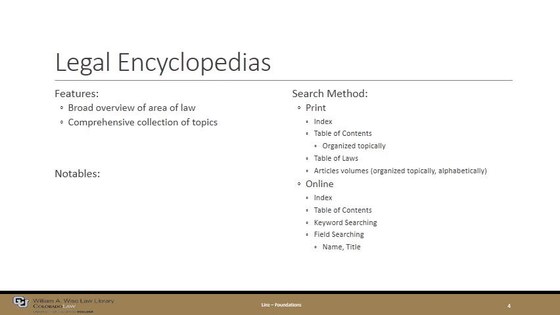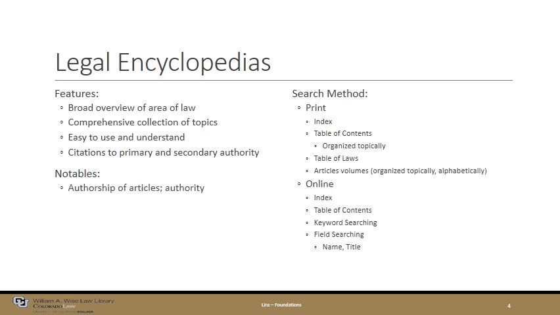It doesn't treat them necessarily in a great deal of depth, but it may likely have something to say about everything. They're easy to use and understand, as I was saying just now. They're easy to access. It's easy to read the articles. And they provide citations to primary and secondary authority, as all secondary authority tends to do. So they're very good starting points for our research.